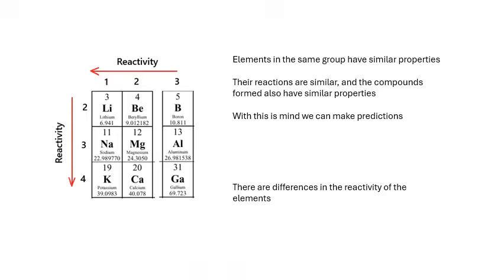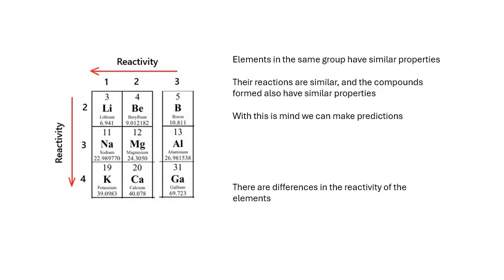And then the last thing I'm going to say on this video is we know all about period 3, so sodium, magnesium and aluminium. Now all elements in the same group are put in the same group because they have similar properties.